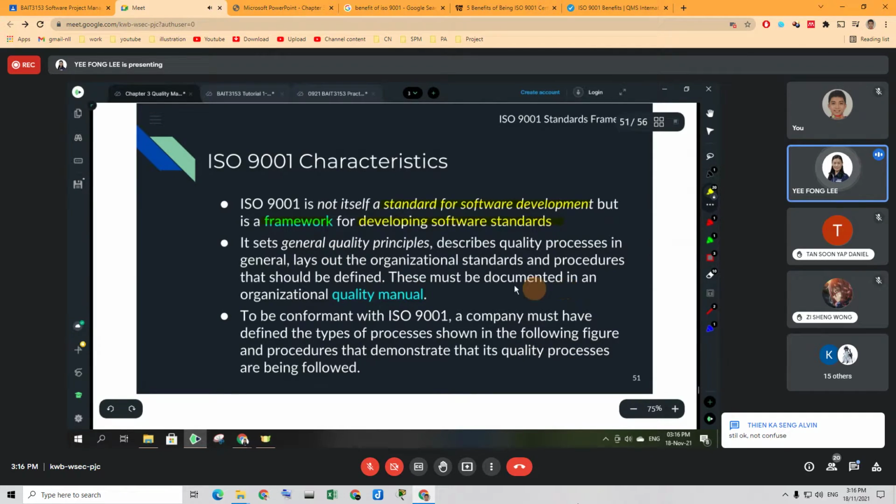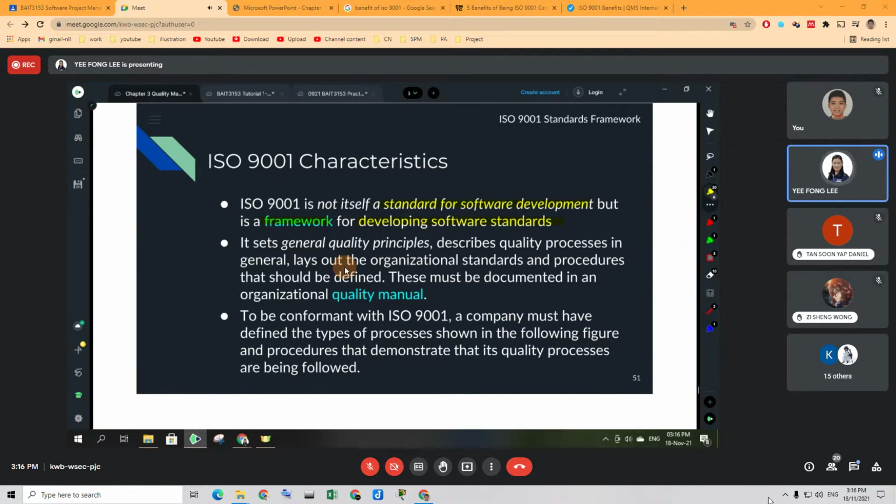So if you are not so sure, you look at the second bullet. So ISO 9001 sets general quality principles. Describe quality processes in general. Lay out organization standards and procedures that should be defined. This bullet, okay? This bullet can understand.